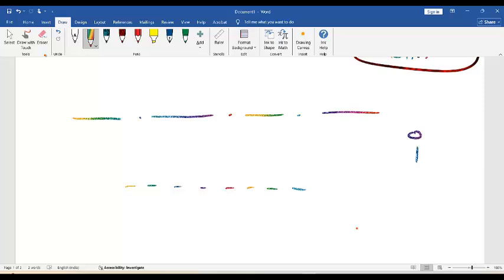See, in decimal, you have 0, 1, 2, 3, 4, up to 9. Totally 10 numbers, 0 to 9. That's why we call this decimal, deca, 10. The number system that we use in day-to-day life is decimal.